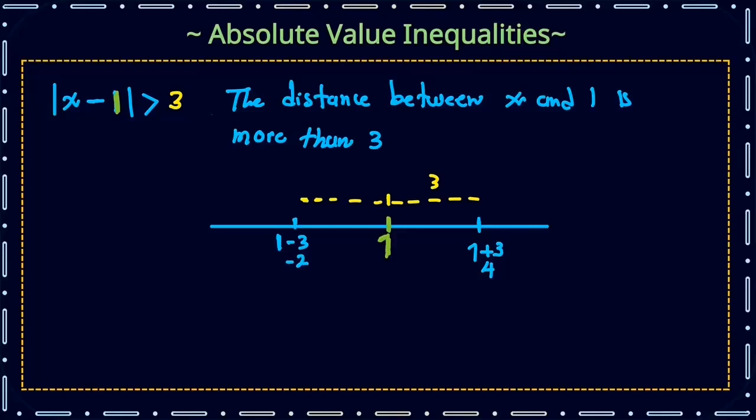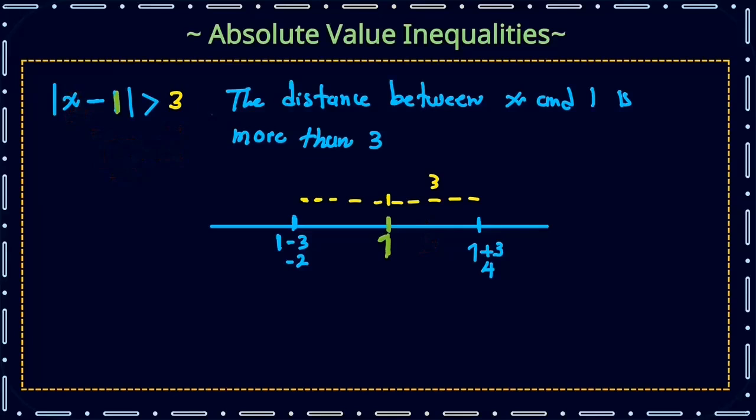These are the boundaries, but the inequality says that wherever x is, the distance between x and 1 should be more than 3. So say we are within this interval and I take a number such as 2. The distance between 2 and 1 is 1, and 1 is not going to be greater than 3.